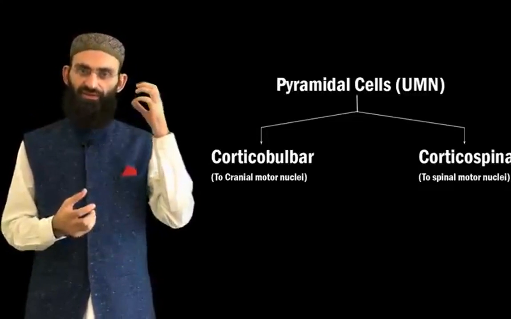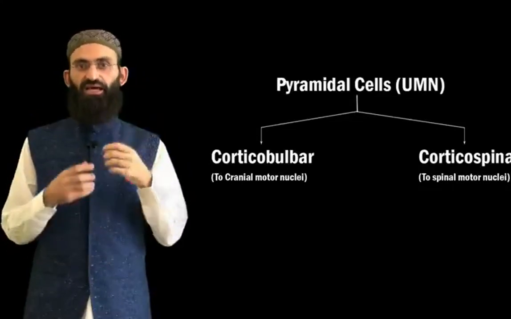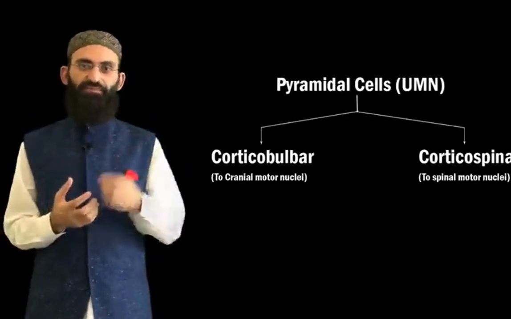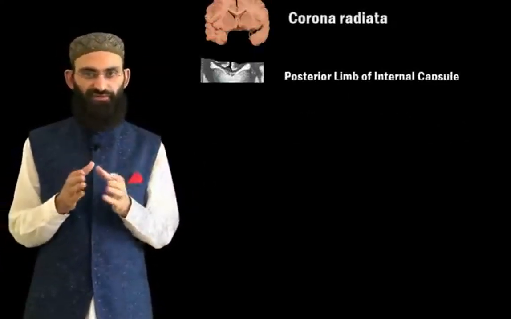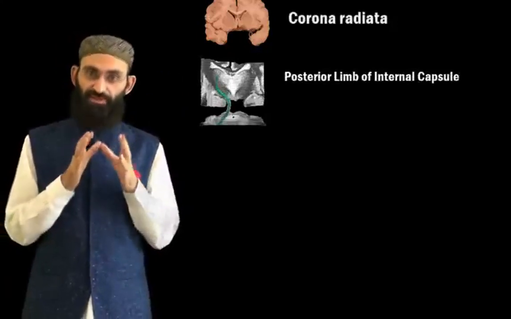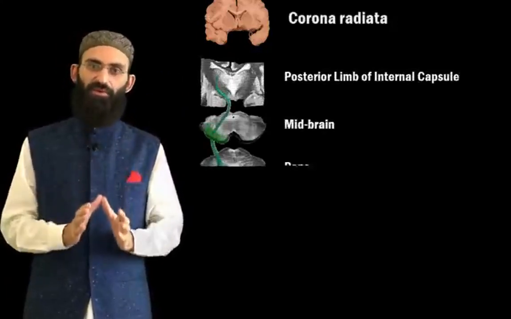So the corticospinal tract, if we discuss it in greater detail: the pyramidal cells send their axons all the way from the cerebral cortex to the spinal cord through the corona radiata, posterior limb of the internal capsule, cerebral peduncle, midbrain, pons and medulla.